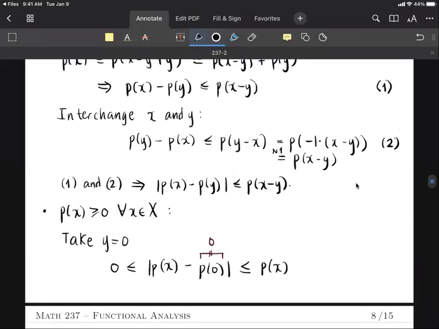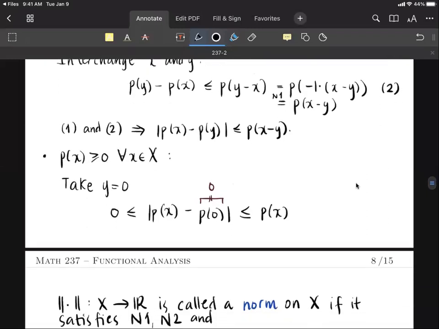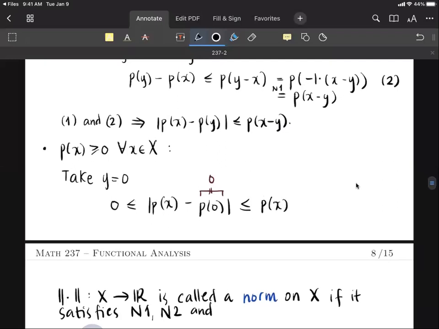Here, there's no reason that if p of x is equal to 0, then x is equal to 0. However, if the function satisfies that property, then we say that it is a norm. So what is a norm? This function, double bar, is called a norm on x if it satisfies n1 and n2.